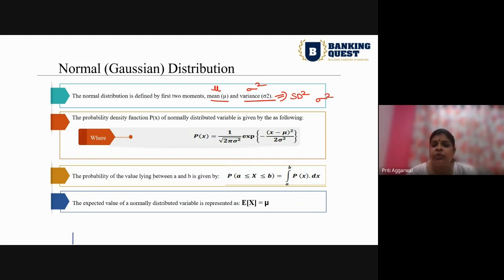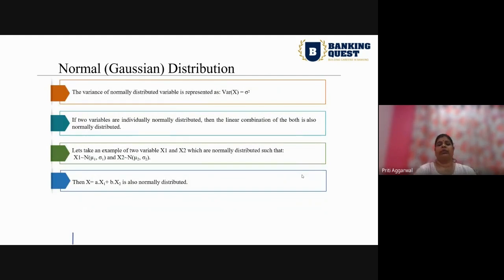The probability of the value lying between A and B is something we have already done in our book 2. The variance of a normally distributed variable is represented as standard deviation square. If two variables are individually normally distributed, then the linear combination of both is also normally distributed.